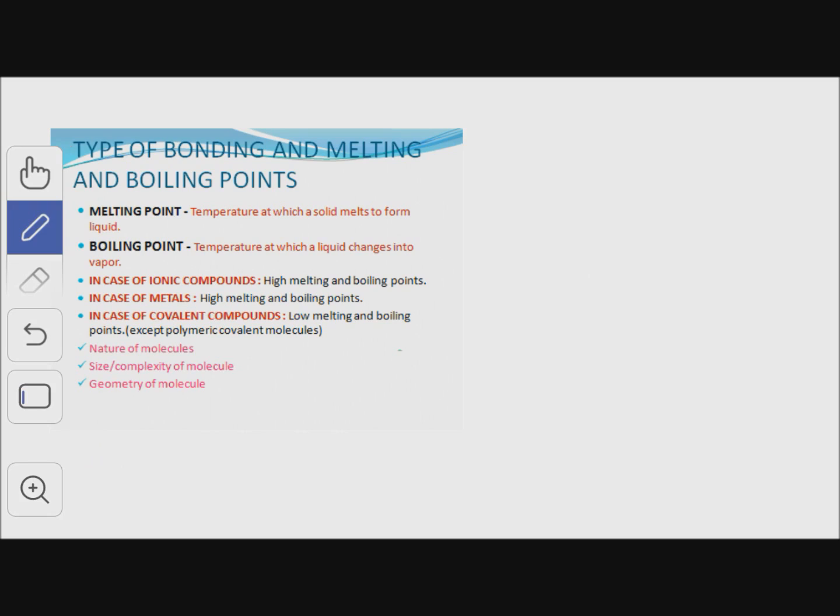For example, in case of NaCl, it has electrostatic force of attraction or ionic bond, which is the strongest bond. Due to this strongest bond, ionic compounds have high melting and boiling points.